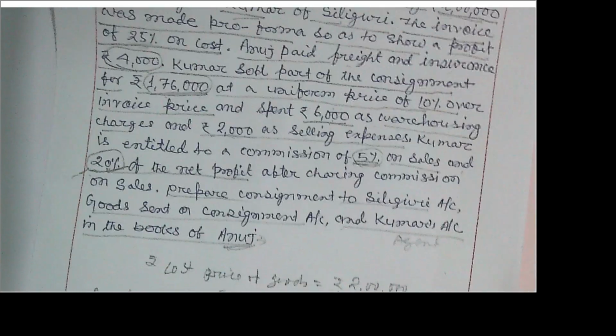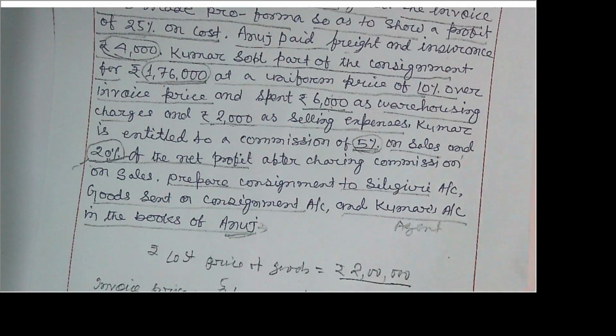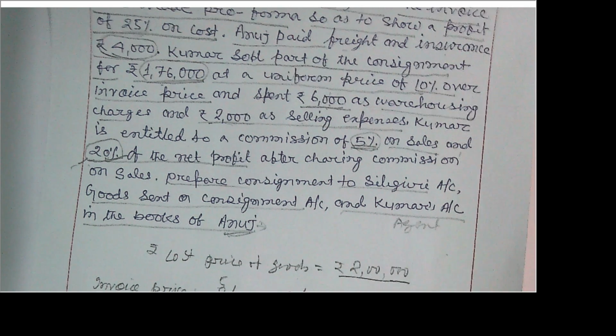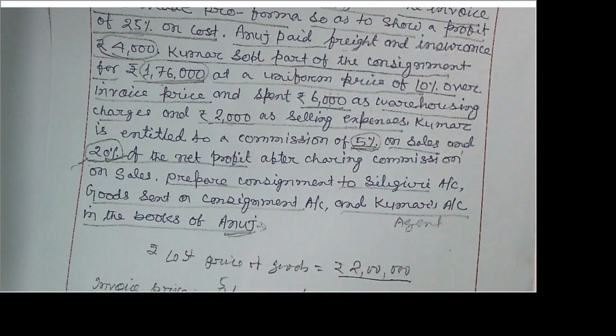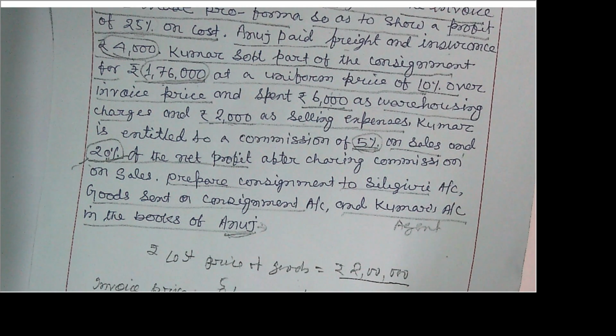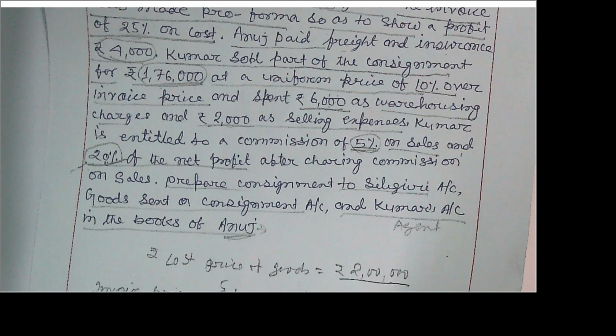This is our question, and now we have to solve it. Now I am showing you the solution, one by one. You see, the solution is on the next page.